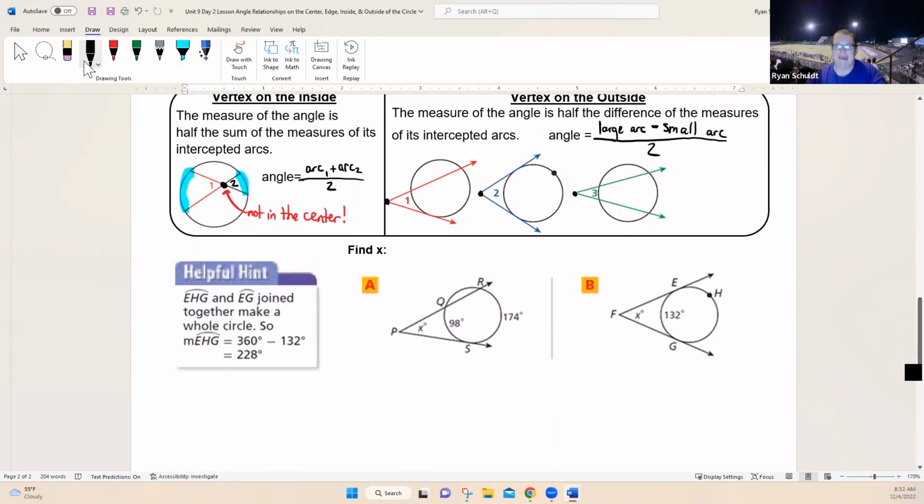Let's look at A. For A, the vertex is outside the circle. So we're going to do the large minus the small. 174 minus 98 divided by 2.